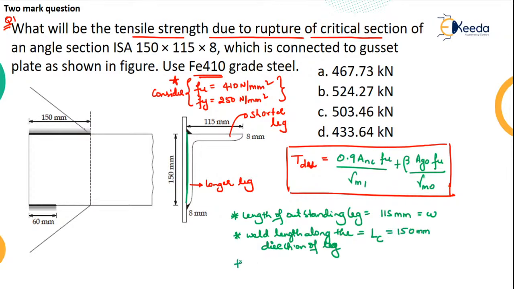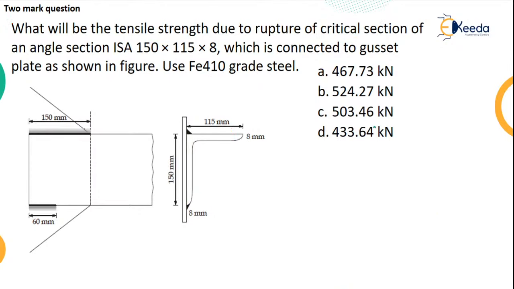Now what is the width of the shear leg? Generally the leg which is not connected is called as the shear leg. So the width of the shear leg, I will call it as Bs, how much is it? 115 mm. Right. Now, why am I doing all this? Because I have to calculate the value of beta. So how will you get beta?